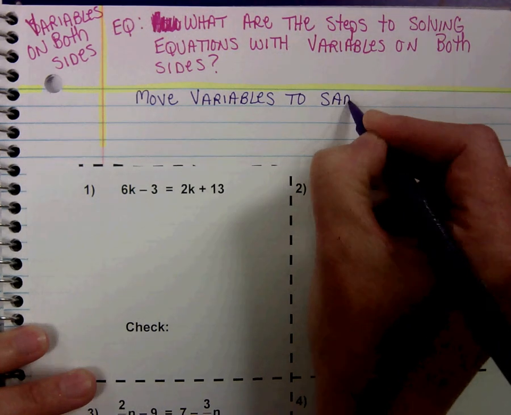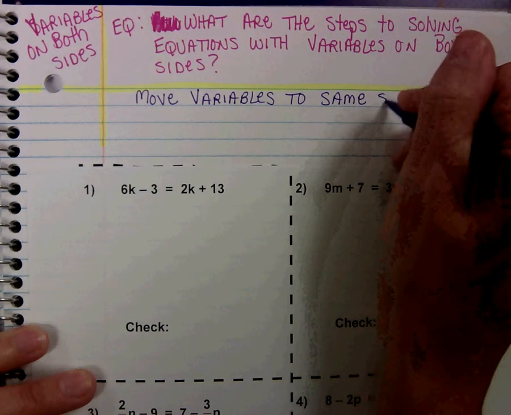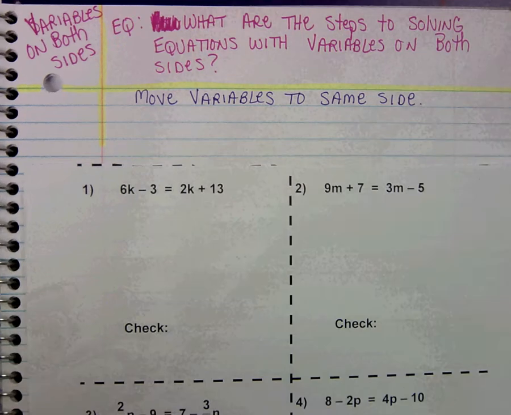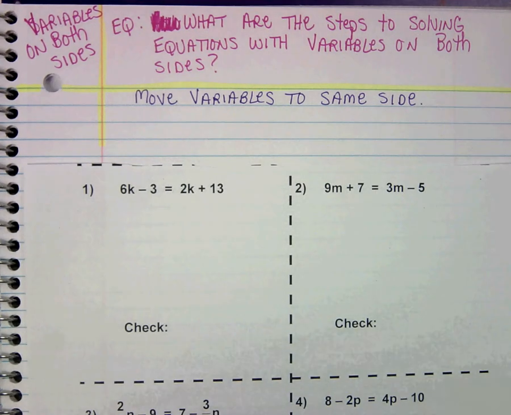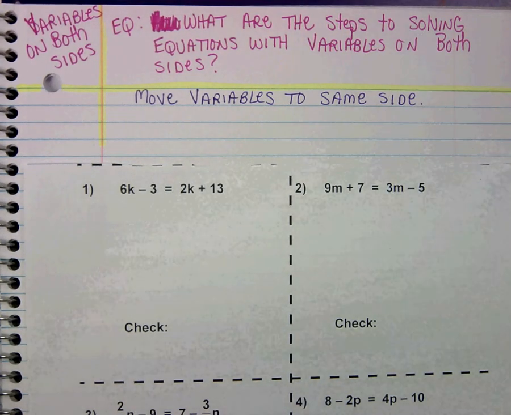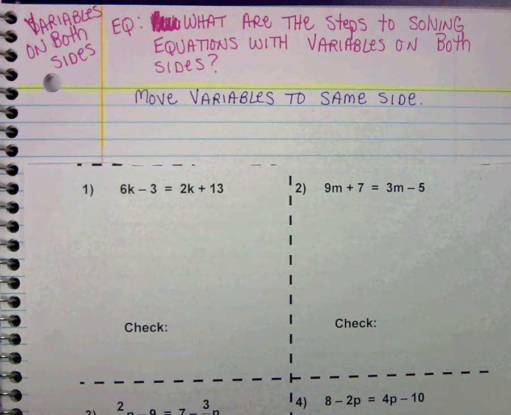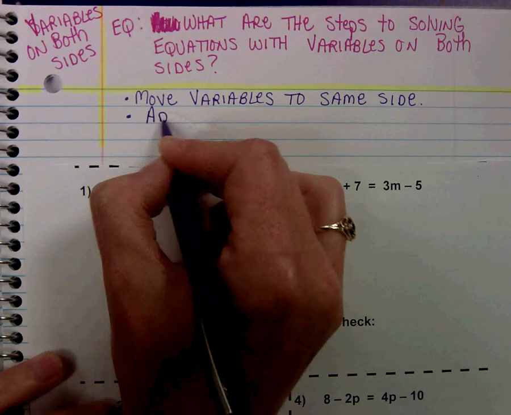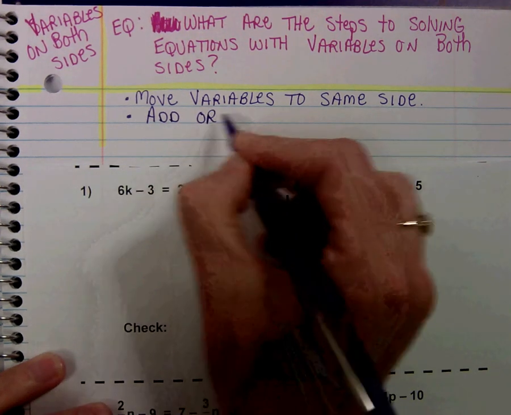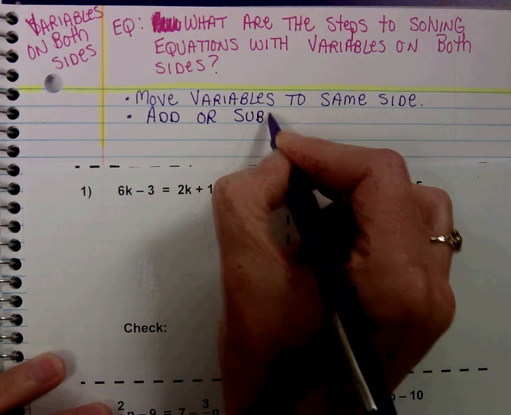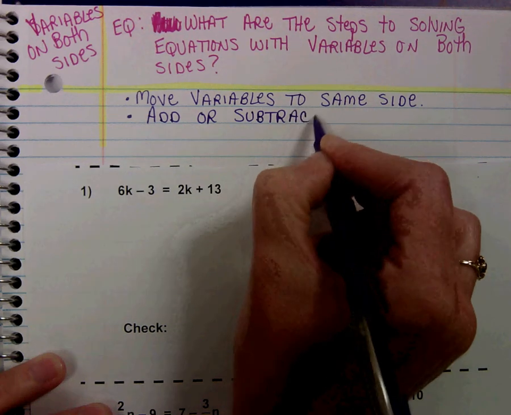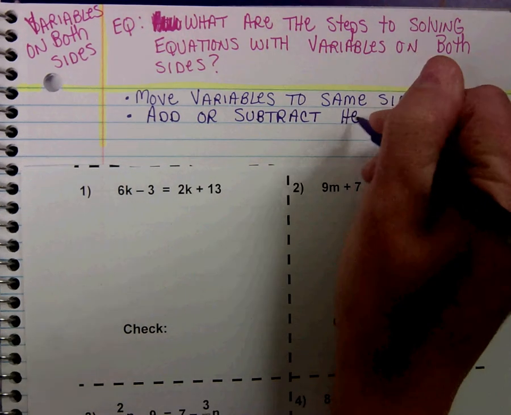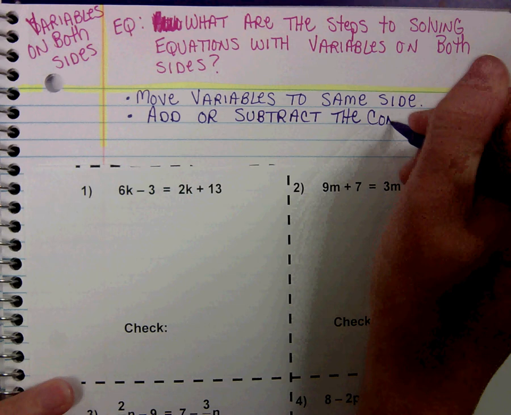You don't have to do this first, but I find this causes fewer errors if we go ahead and take care of that. After we move our variables to the same side, we're basically going to be looking at a two-step equation. So the next thing we're going to do is add or subtract the constant term.